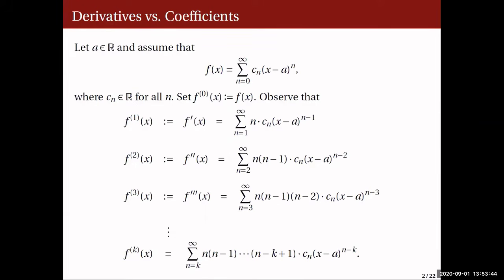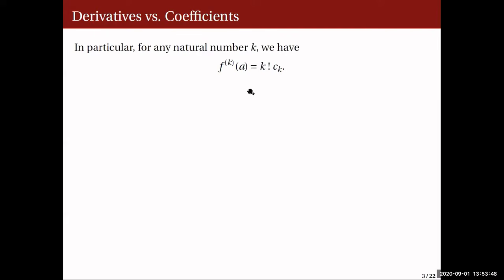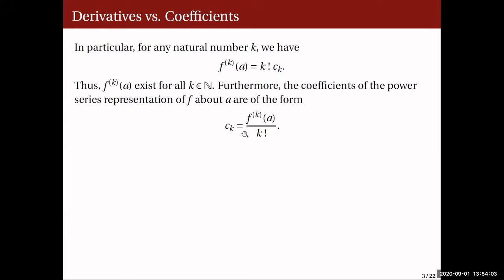So the rest of the terms are equal to 0, except for the first term where n equals k. So we obtain this expression for the kth derivative of f at x equals a. Solving for c sub k, we get the kth derivative of f at a over k factorial.